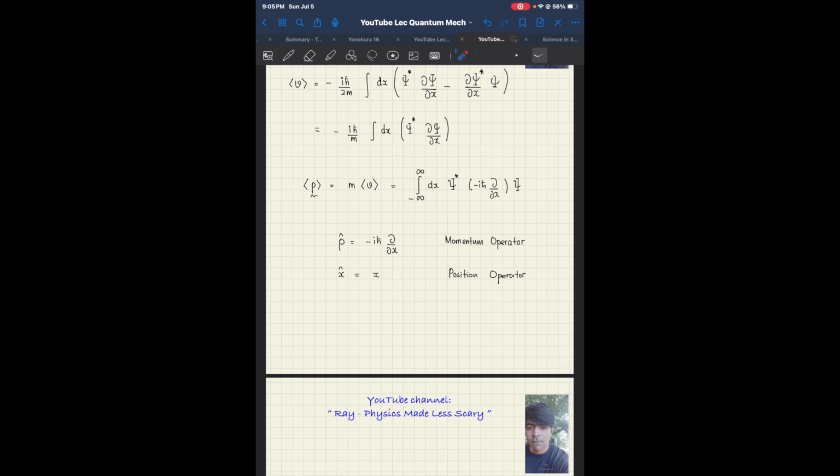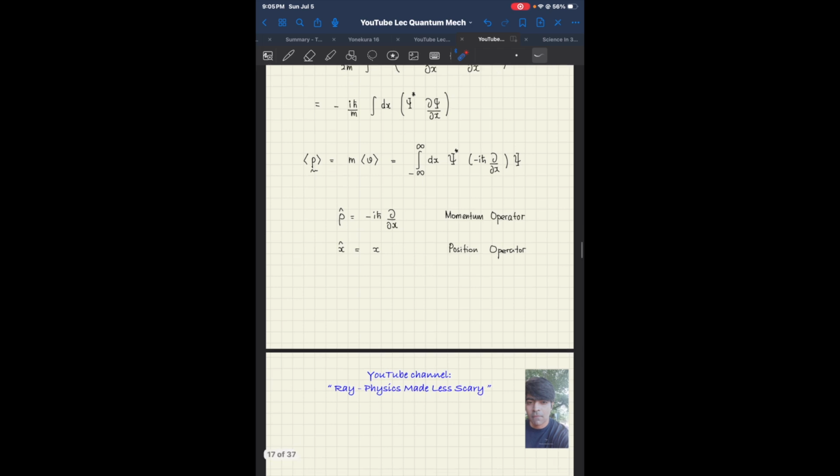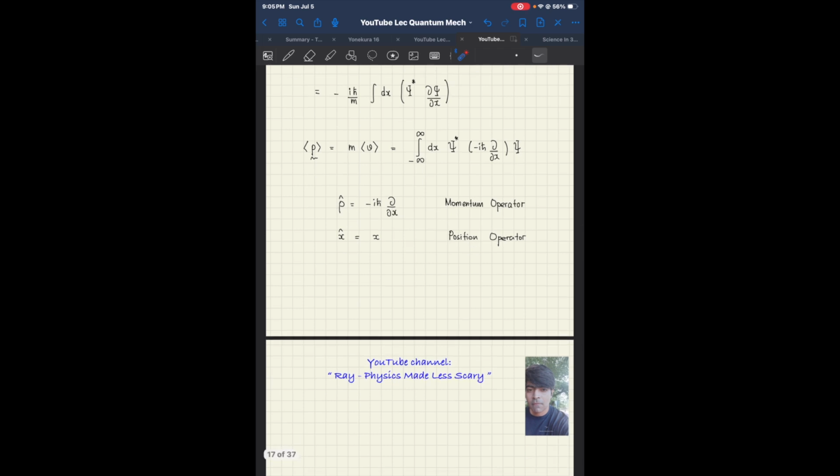Likewise, the momentum operator acts as a derivative operator, and it instructs you to act as a derivative on whatever sits on the right hand side here. Okay, so these are the basic formulas in quantum mechanics.